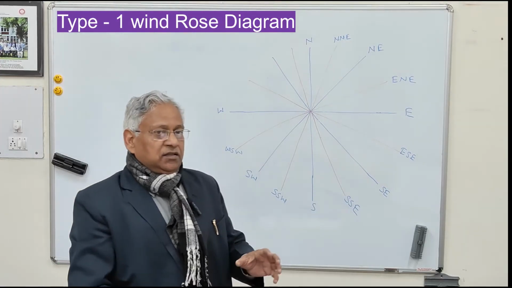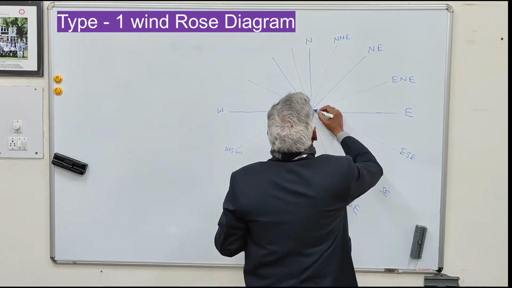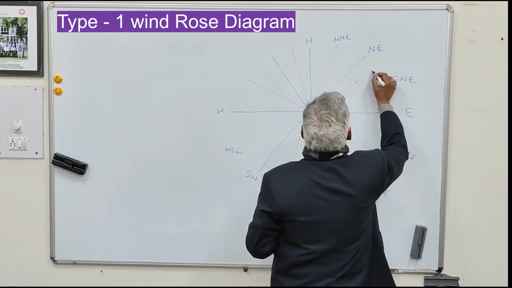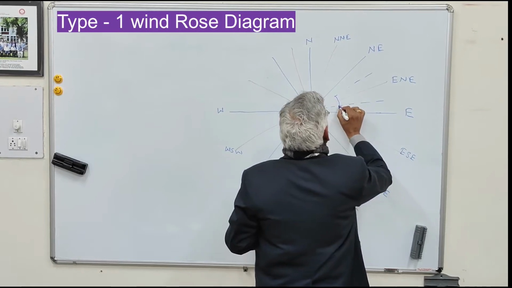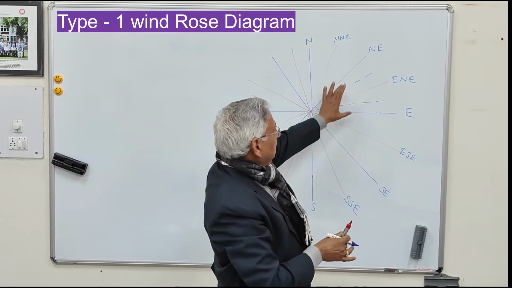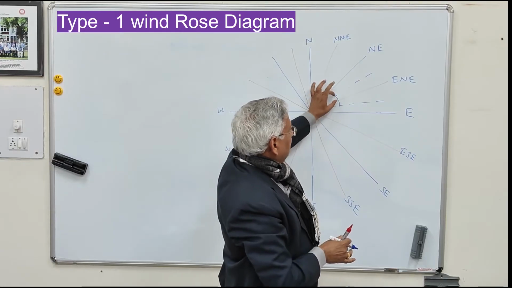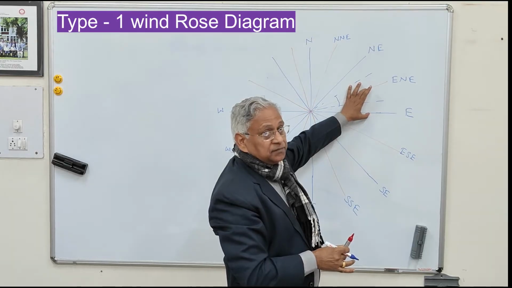And wind is considered blowing from a cone of 11.25 degree in each direction. This is the cone. East, northeast is considered if the wind blows within this cone, 11.25, that makes 22.5 degree.